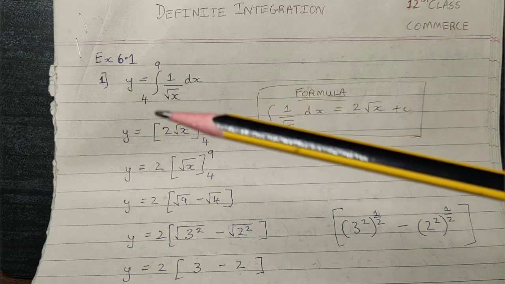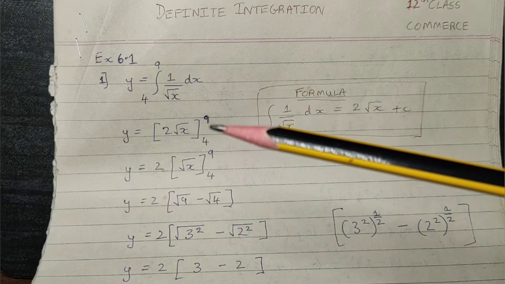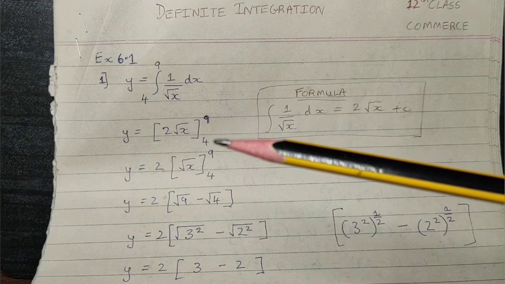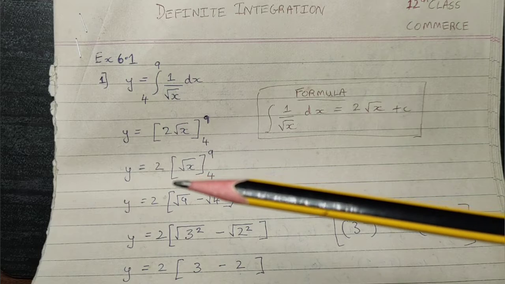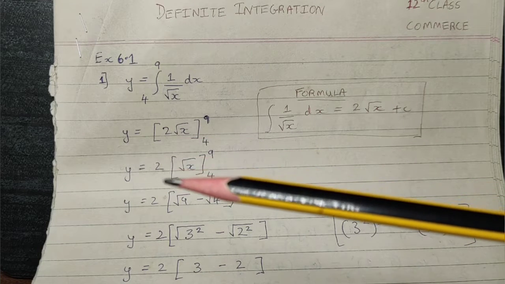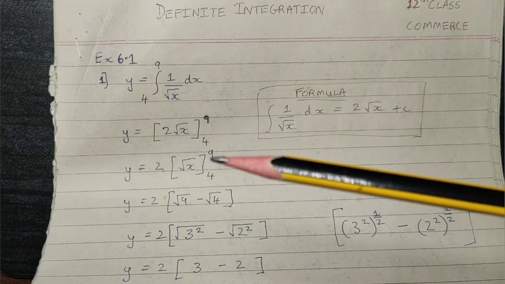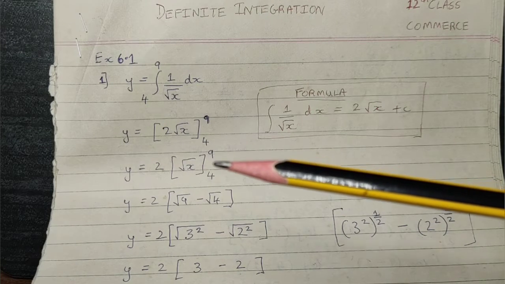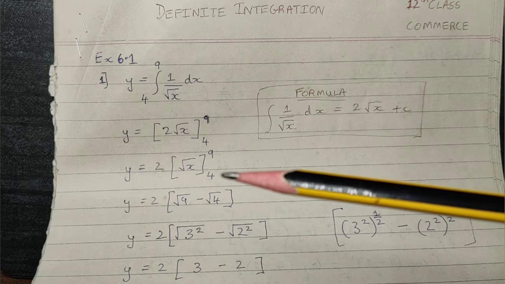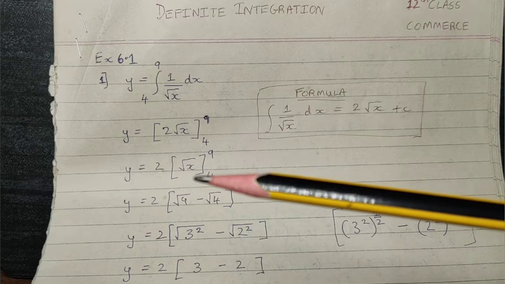And we have to put the limits. The upper limit is 9 and the lower limit is 4, in square brackets. And 2 is taken outside since it is a constant, and square root of x with limits 9 and 4. Now we have to put these two limits over here.